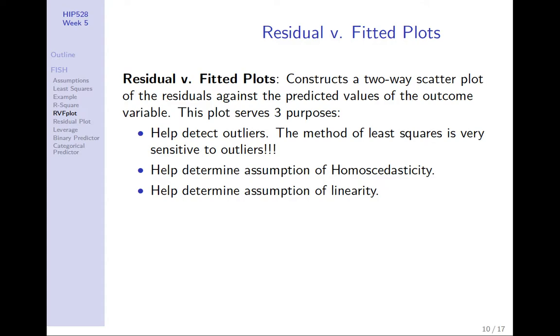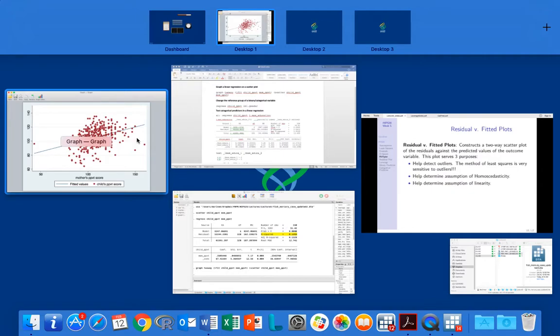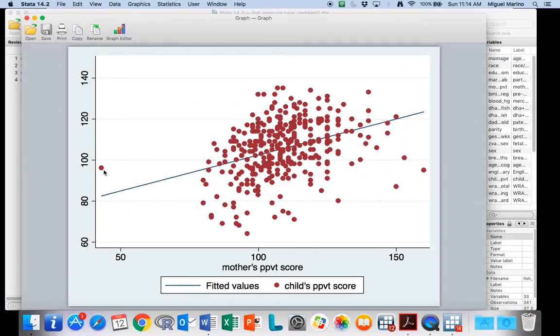This line is trying to balance the distance between the line and each point, and potentially this value here could be messing up the true slope. That's the idea of potentially causing bias. So how do we determine that this may be a problematic issue? That's what we'll talk about next. So let's actually do this here.